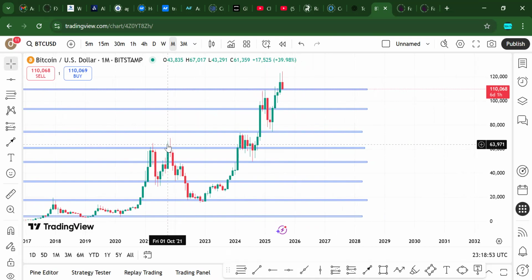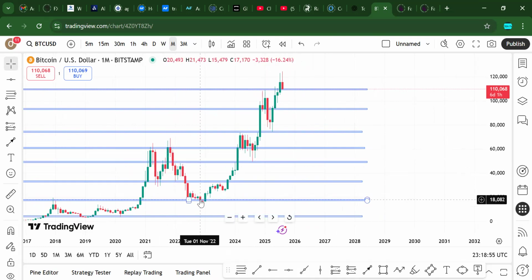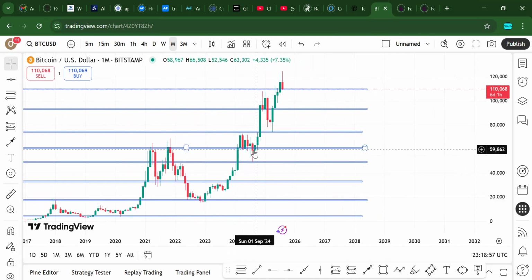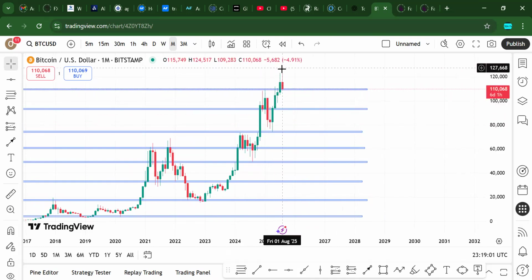In other words, Bitcoin from this high made a higher low, a higher high, higher low, higher high, higher low. It made a higher high, and from this big bearish candle that we can see here, Bitcoin is currently retracing downwards. So my directional bias for Bitcoin currently is the downwards direction.